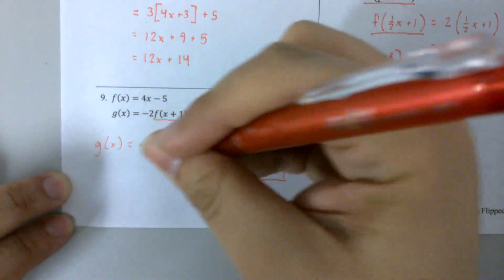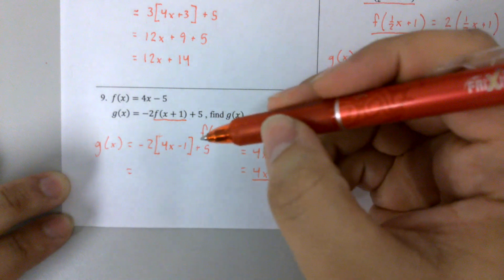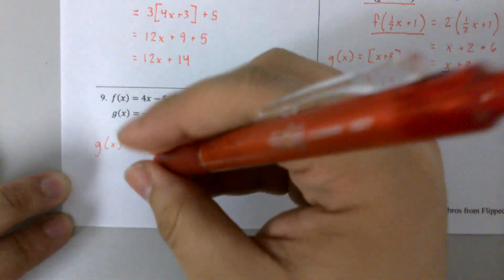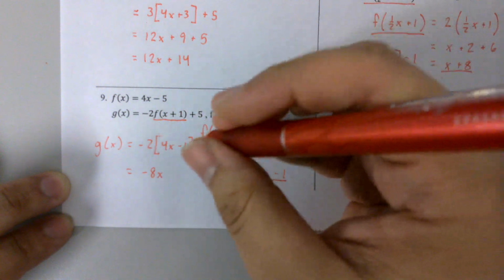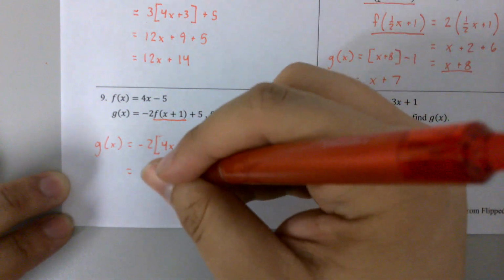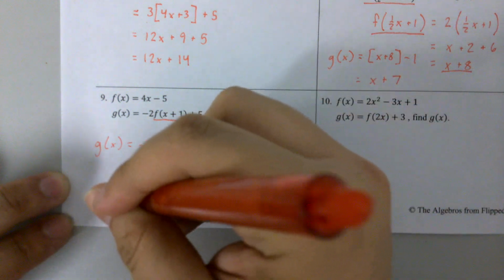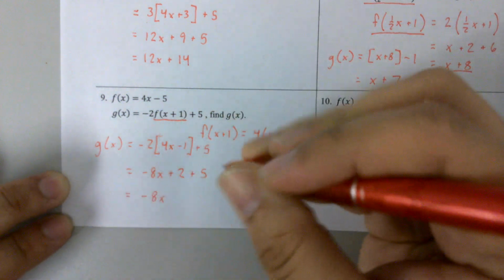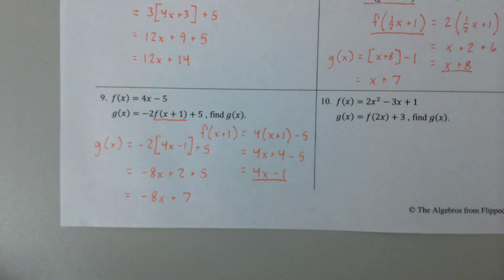To be consistent with the other ones that I've done, I'm going to put these in brackets. And then we have negative 2 times 4x, which is going to be negative 8x. And negative 2 times negative 1, which is going to make it positive 2. And then we have plus 5, and when we simplify that, that's going to be negative 8x plus 7. And so that is our final answer.